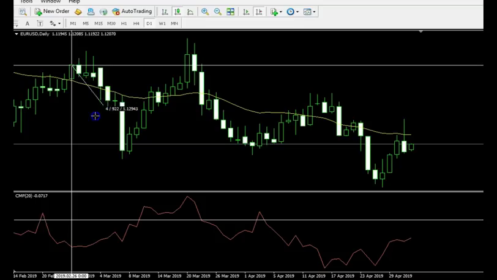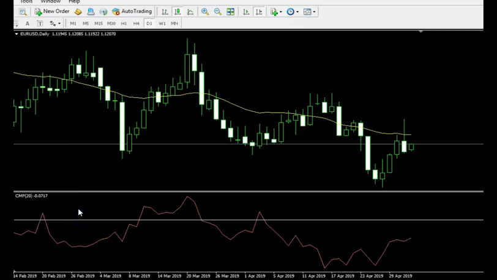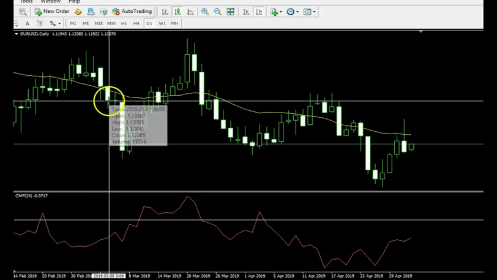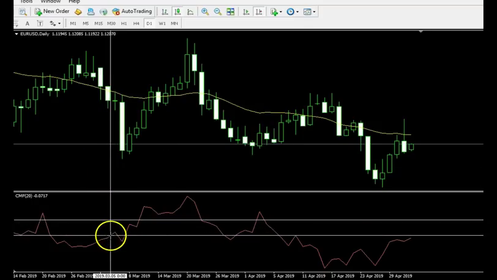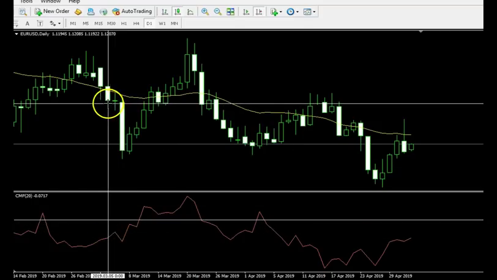But you would have never been in it, because if you look down, this line was below 0. And when you have a 0 cross indicator and the line is below 0, you don't get to go long. That's why these indicators exist. So you would have never been a part of that loser, but as soon as the winner came around, right here, you look down, Chaikin money flow says go right ahead. And you did.